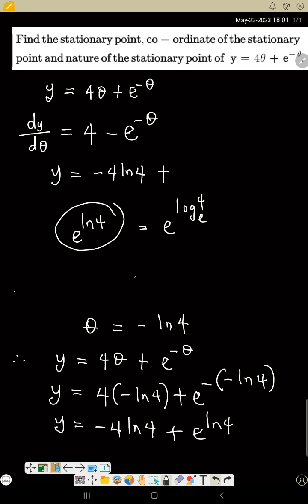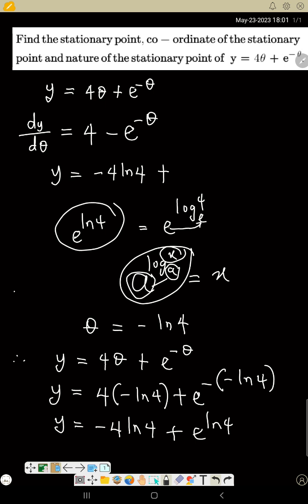According to the law of logarithm, a raised to power log s base a is equal to s. So if the letter you have here and the one you have here are equal, the answer is this. So the answer will be 4.